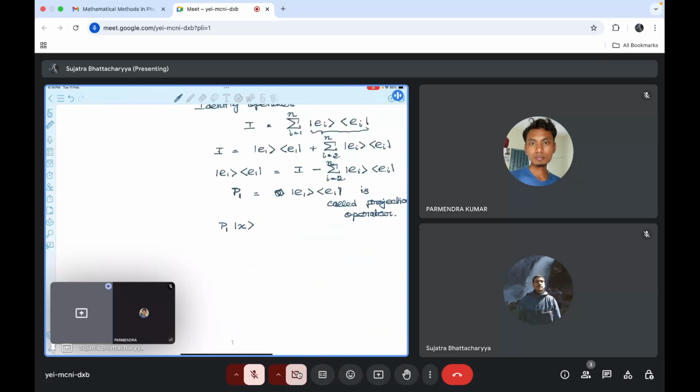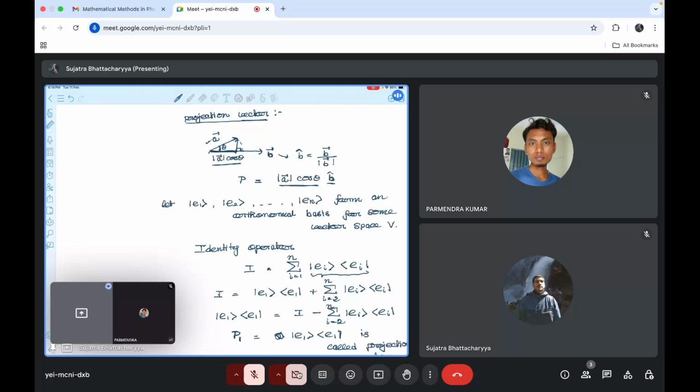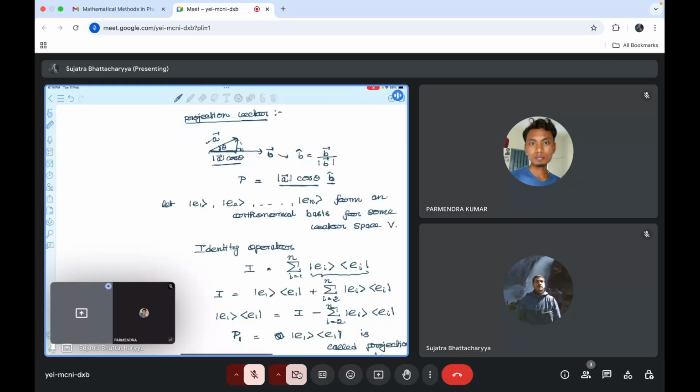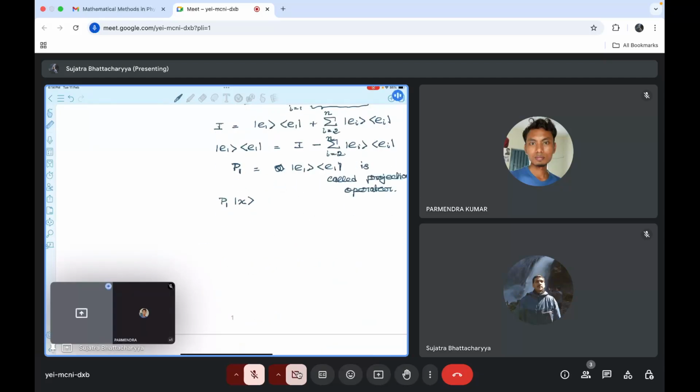So P1 on x means that you want to project any arbitrary vector x in the E1 direction, just like we did for an arbitrary vector and its projection towards the unit vector direction of B. Similarly, we are doing it here. So if you operate this, what will be the resulting form? It will be like this: E1 times the inner product with x, and finally this E1 can be kept here.